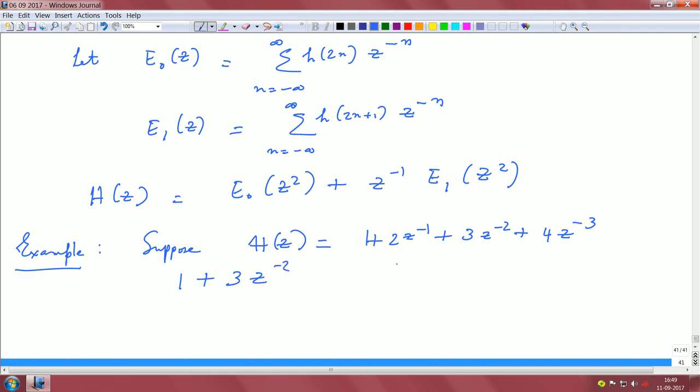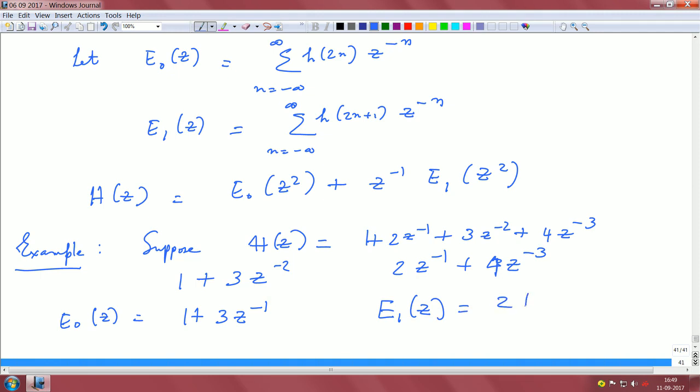This is one part, the other part is 2 z power minus 1 plus 4 z power minus 3, right, and my E naught of z is basically 1 plus 3 z power minus 1, and my E1 of z, pull the z power minus 1 outside, is 2 plus 4 z power minus 1, right.